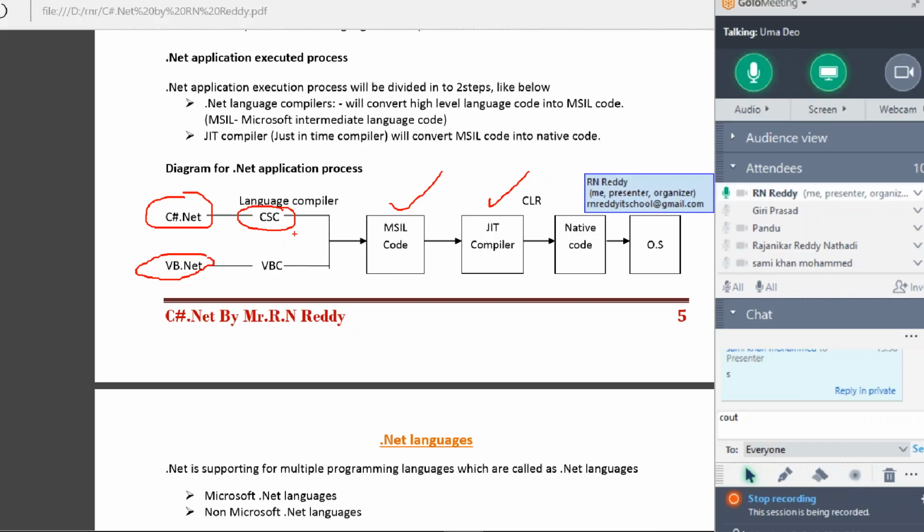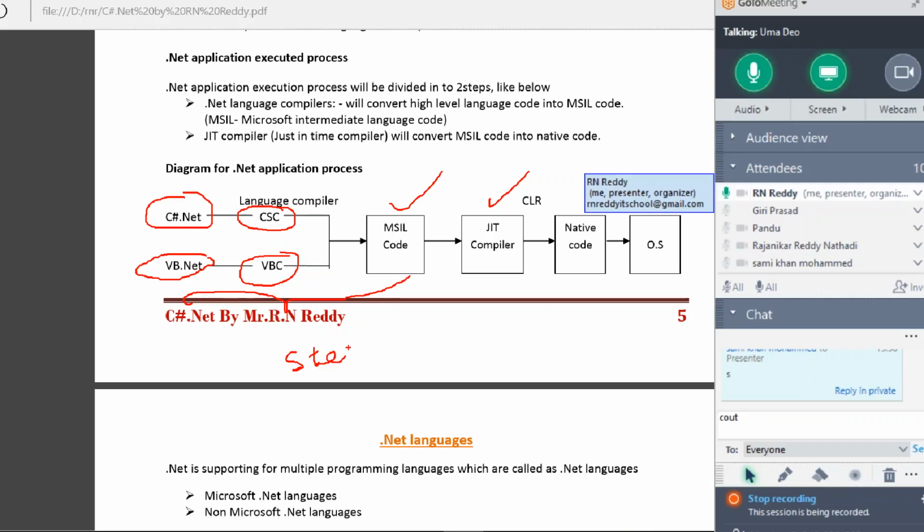C#.NET language compiler is CSC, which stands for C# compiler. VB.NET language compiler is VBC, which stands for VB.NET compiler. Whenever you run your .NET application, these language compilers will convert high level language code into MSIL code. This is step 1. Why?